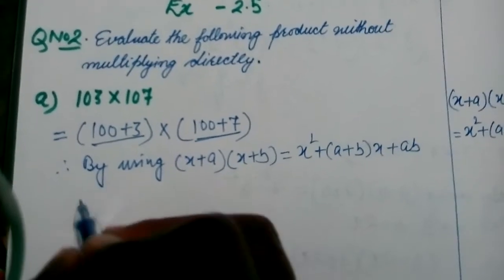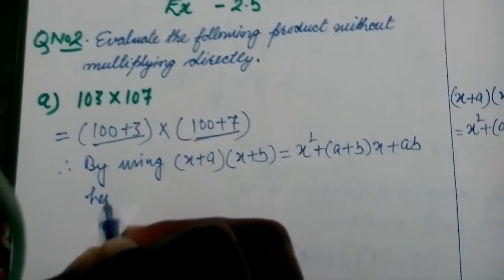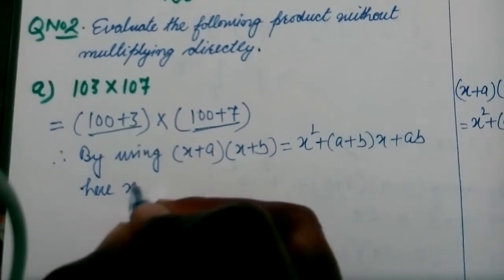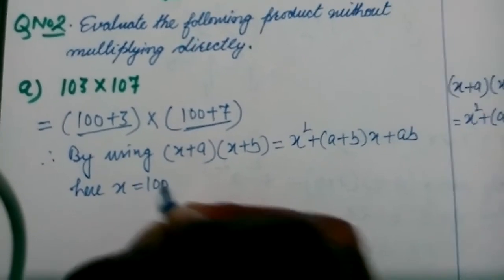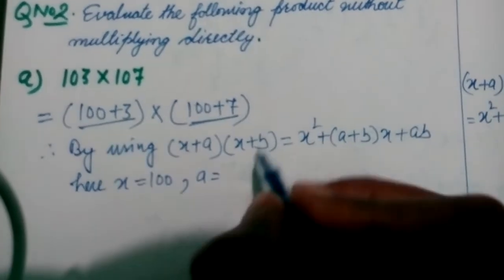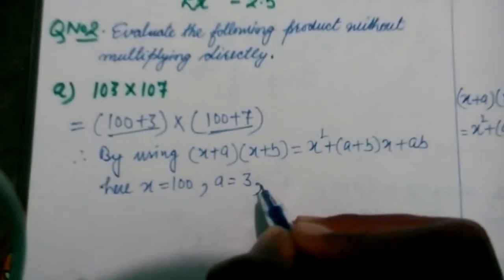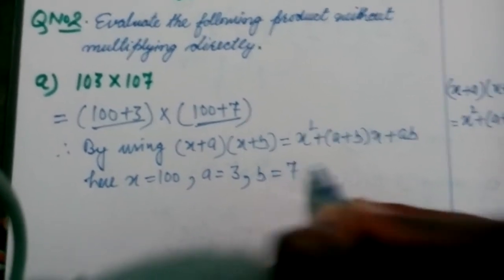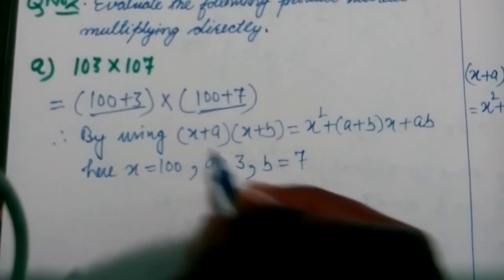So just do the comparison. In place of x there is 100, so x is equal to 100, and in place of a there is 3, and b is equal to 7. Now just put these values here.